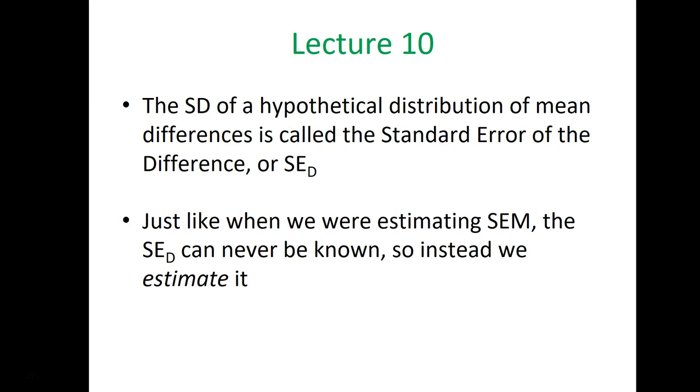Now, there's another theoretical thing we can look into, and that's called the standard error of the difference. So just now we looked at the standard error of the mean, but now we're going to look at the standard error of the difference. In the previous example, I plucked out a billion random samples of 25 kids. Let's say instead of writing down their IQs, I subtract their average IQs from another billion random samples of 25 kids.